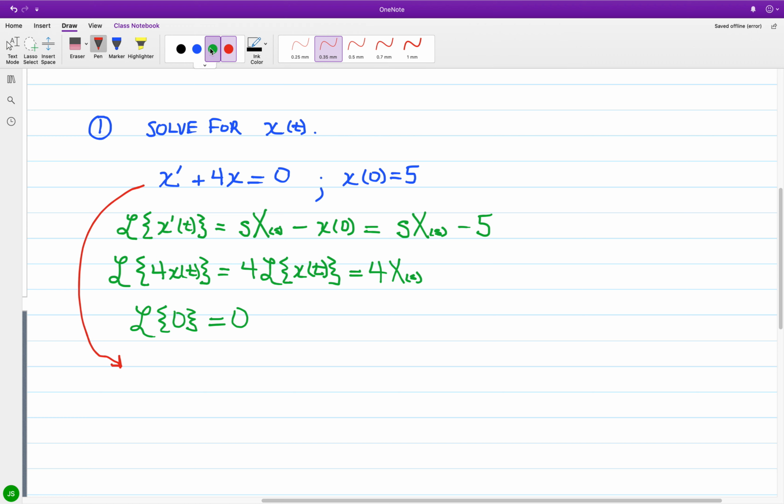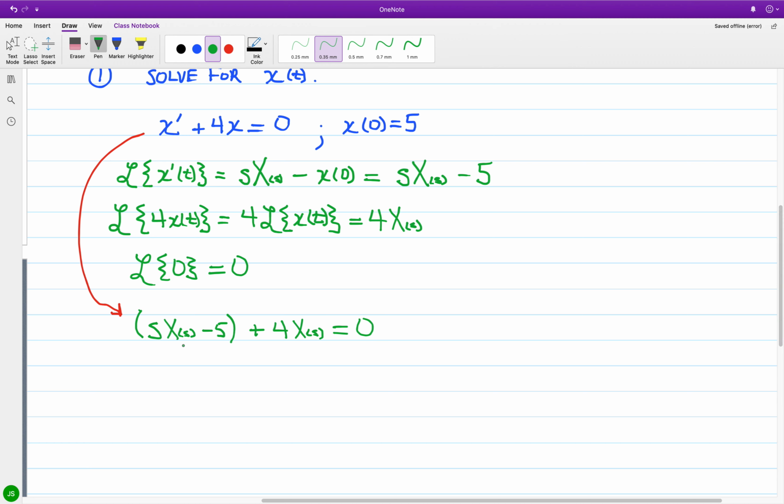So taking what we have in the equation, upon replacing, representing x prime, we have s times x of s minus 5, plus 4 times x of s, is equal to 0.